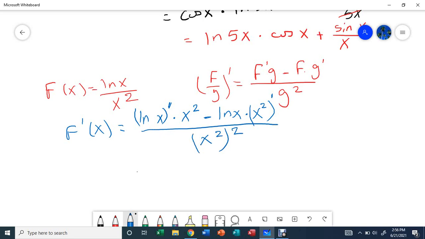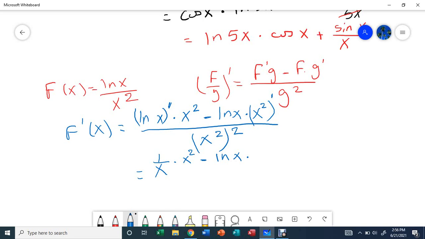So let's simplify. What's the derivative of ln of x? Yes, you got it. It's 1 over x times x squared, minus ln of x. And what's the derivative of x squared? Yes, it's 2x.